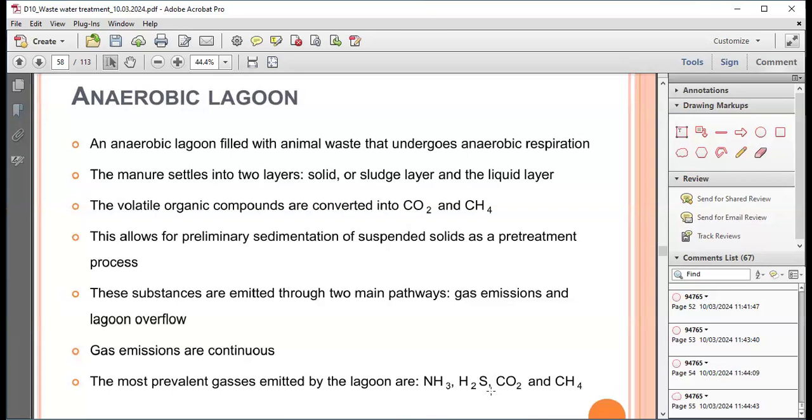Expired means it has not been used for a long time, and after a long time, when we use it, it produces the gas, the H2S gas, and CO2 and CH4, right? Carbon dioxide and methane.